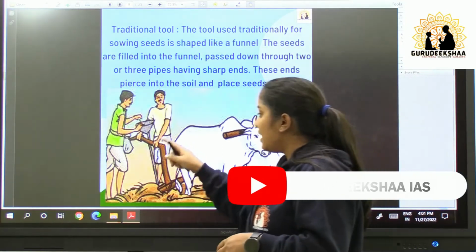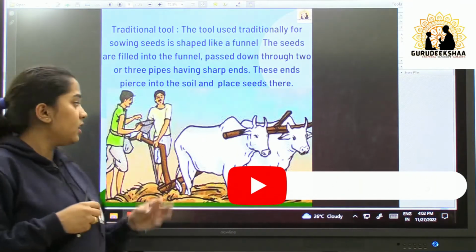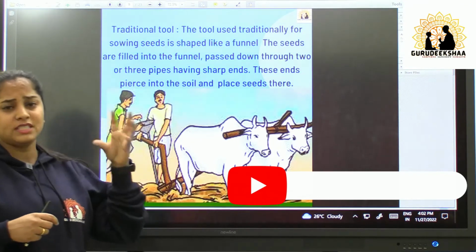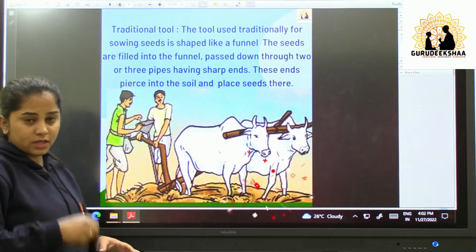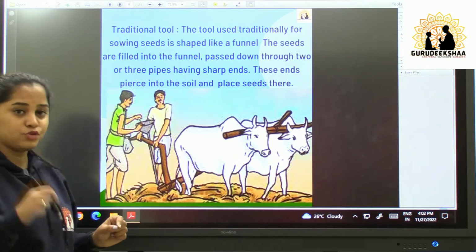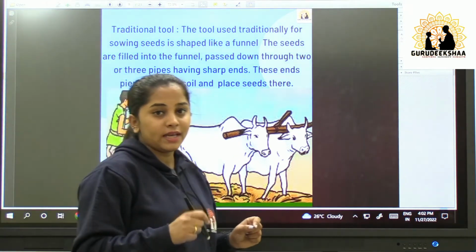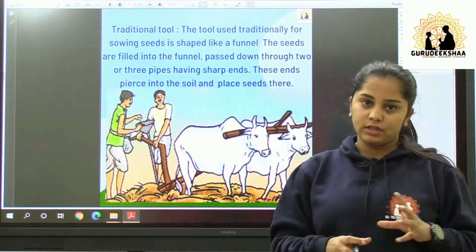So there used to be a funnel where the farmer puts the seeds one by one. It has to be very sharp because the sharp piercing has to go deep inside the soil and the seed has to be sown there.